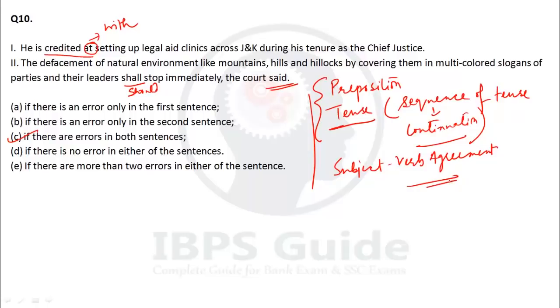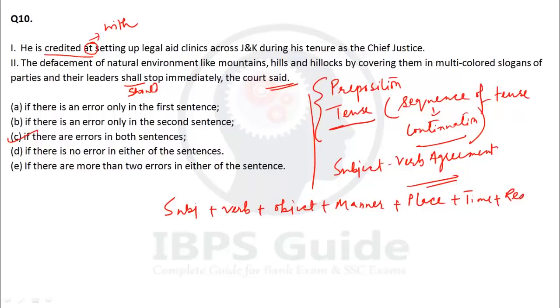And most important thing, whenever you do any spotting errors, we have to follow this basic structure: subject, verb, object, then manner, place, time, and reason. Any assertive sentence has this type of part.